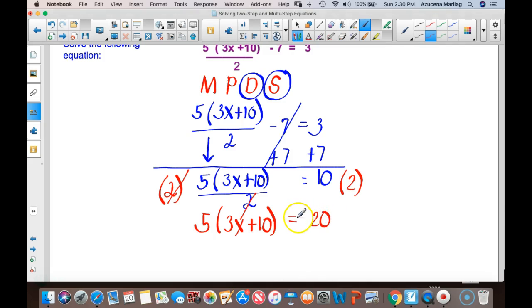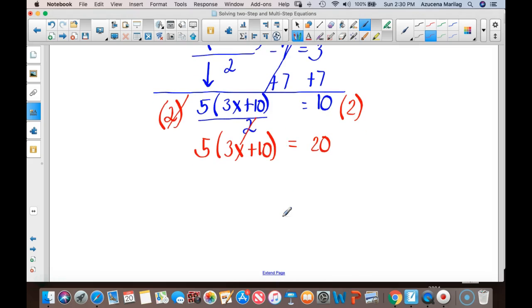10 times 2 equals 20. Now, I still see 5 times 3x plus 10. So there's a parenthesis right there. Either you do the distributive property, or you can divide by 5 on both sides. The answer would remain the same. So I'm going to show you the 2 ways that you can do that.